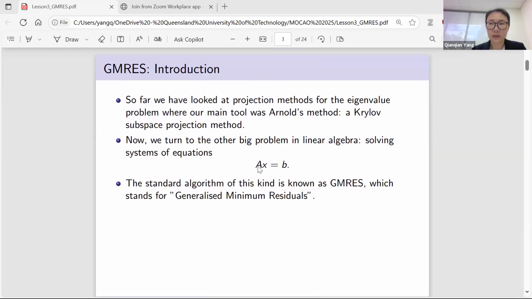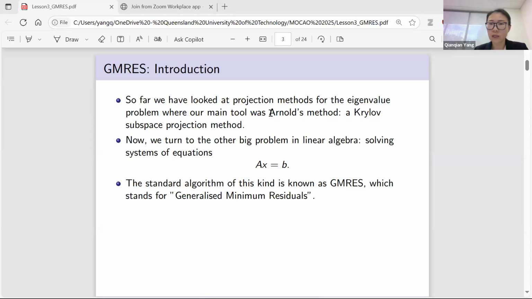All right, so in the last two lectures, we have looked at projection methods for the eigenvalue problem, where our main tool was the Arnoldi decomposition, which is a Krylov subspace projection method. And now we're thinking, can we use this Krylov subspace, this Arnoldi decomposition, to solve our linear system?